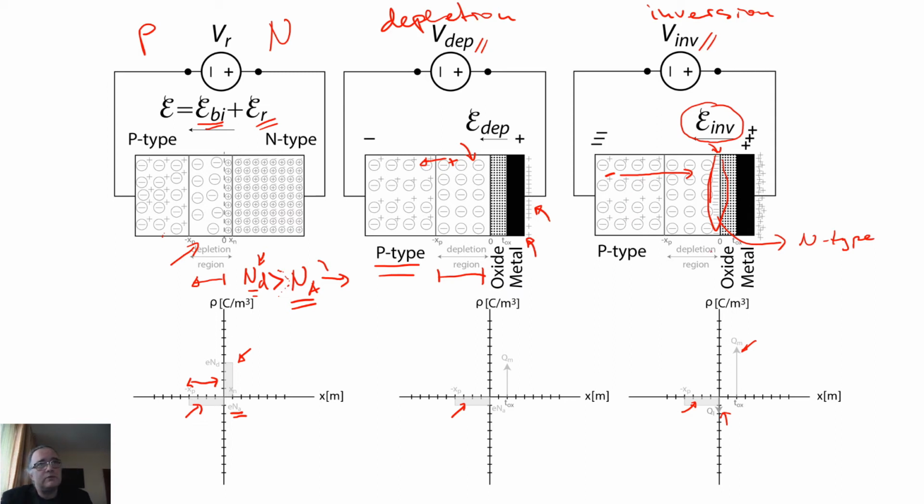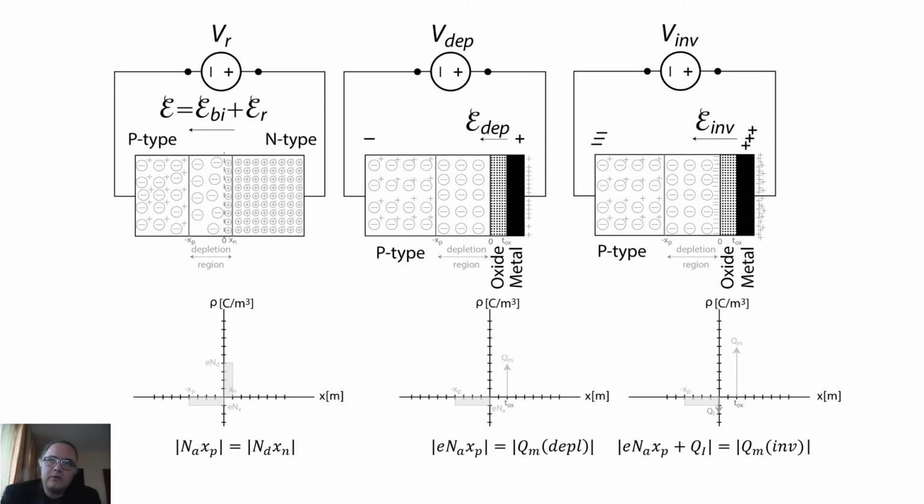So this is why the mode of operation is called inversion mode, because the interface is inverted from a p-type to an n-type. Now an important thing to note is the balance of charges for all these structures, for the PN structure and for the MOS two-terminal structure in the two modes of operation.